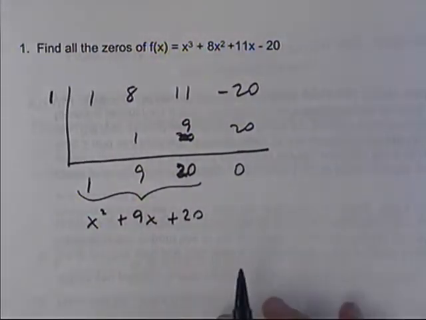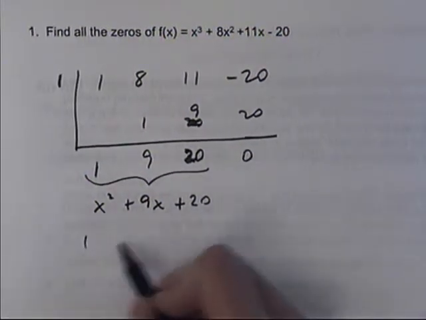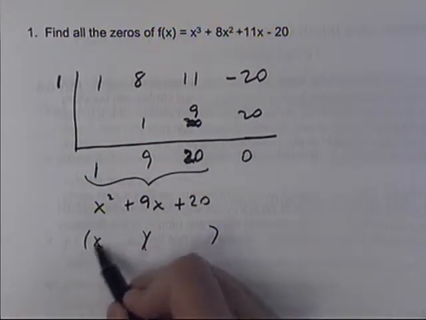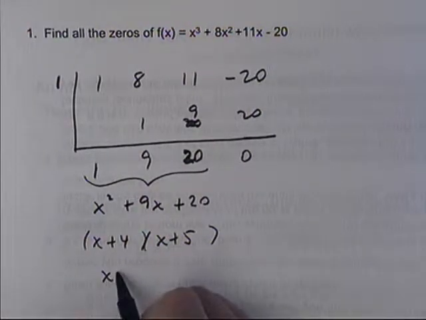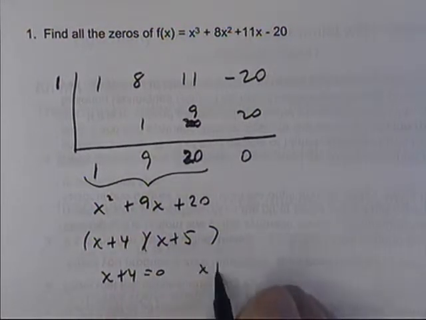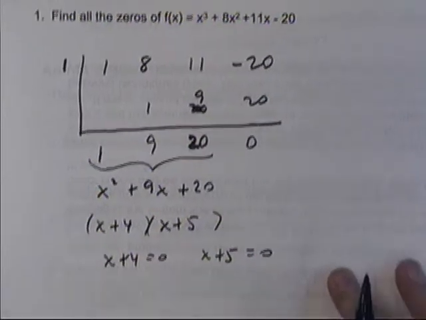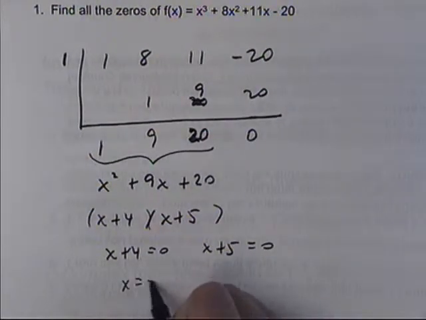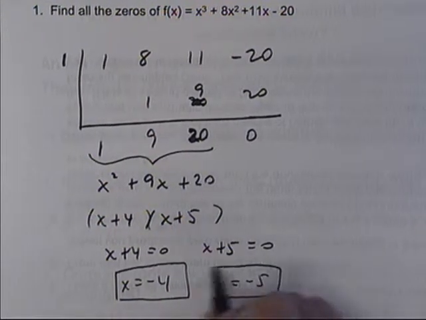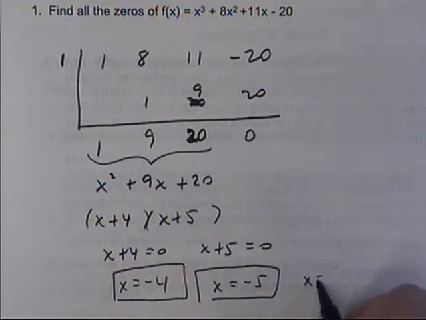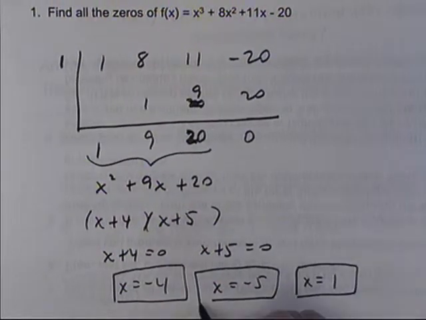Now, yesterday we did a question just like this. We then factored and set each one of those equal to 0. And that gave us our answers that we were looking for. And of course, if you want to list all 3, the one that we cheated on, the first one, is 1.